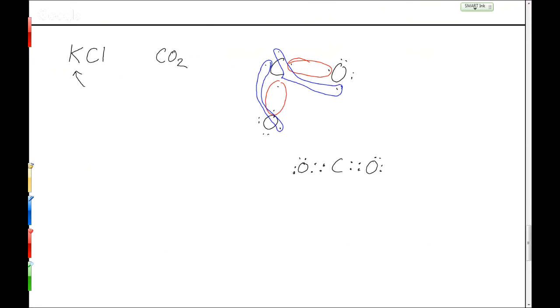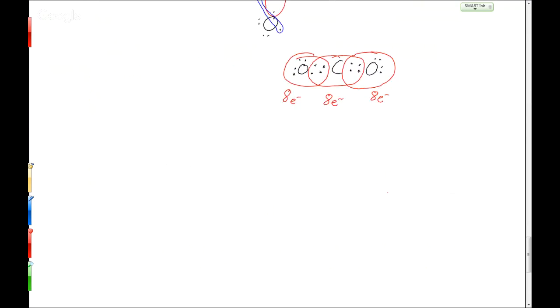Yep. So carbon has 4 electrons and oxygen has 6. So they can share. They actually have to share more than that. Those have to share 2 pairs of electrons on each side.